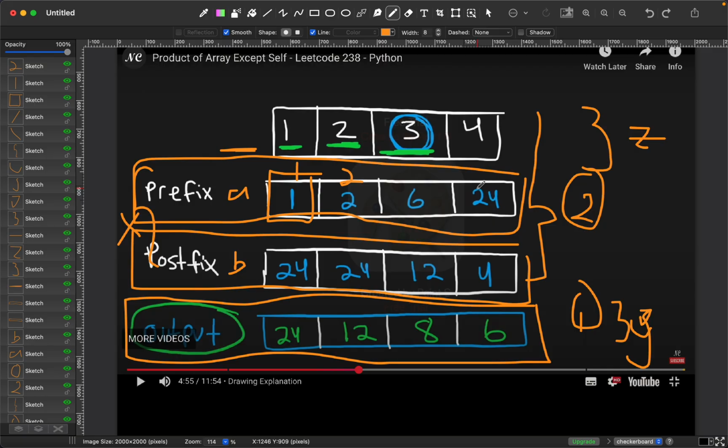So I'll say that it's an accumulating byproduct.